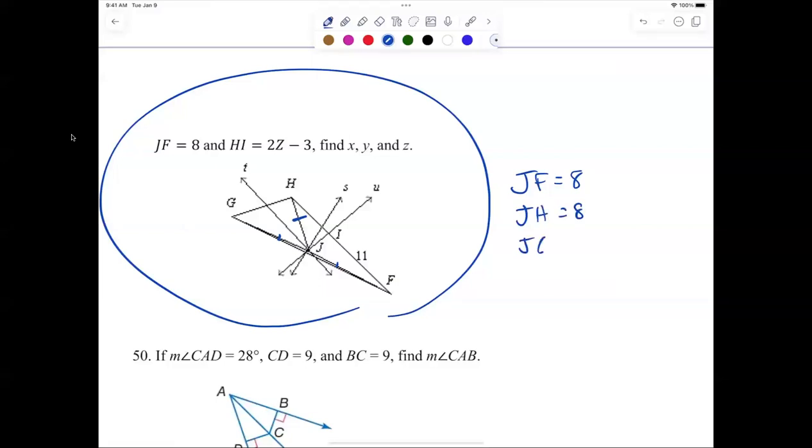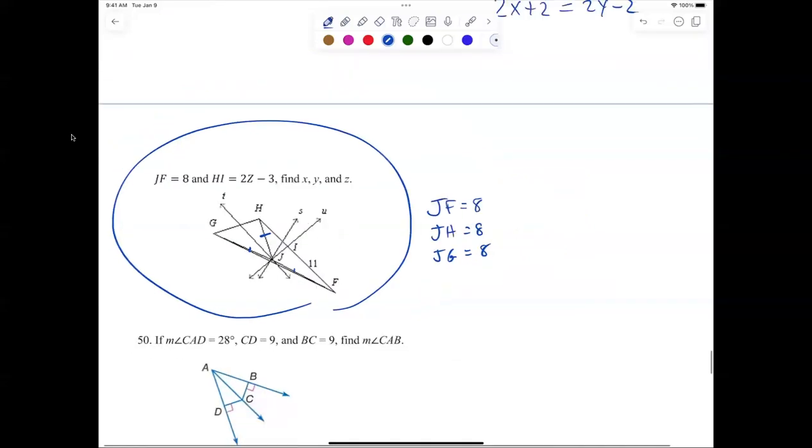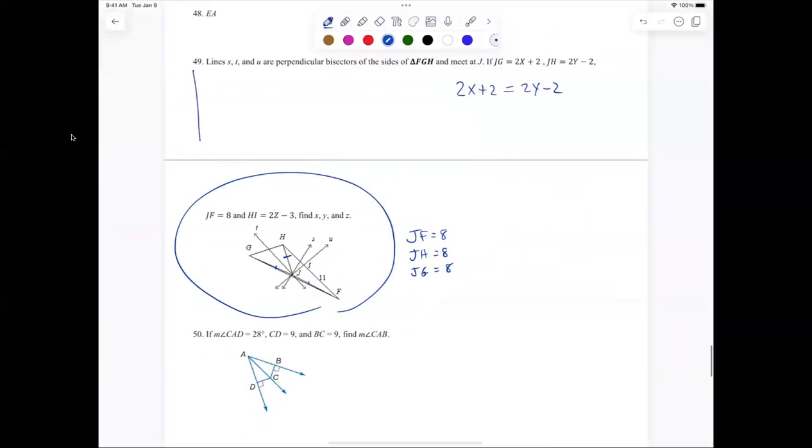And JG has to equal what? 8. Sorry, I need to fix that. Because they're the bisectors. The 2y minus 2. Yeah, they're all equal to 8. 2x plus 2 equals 8, and 2y minus 2 equals 8.